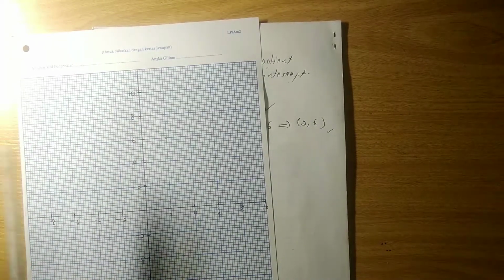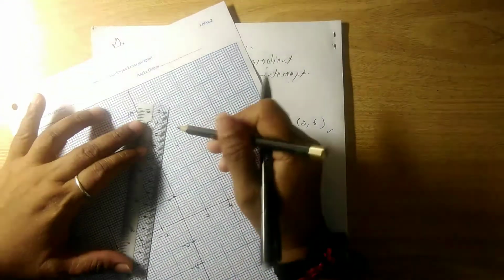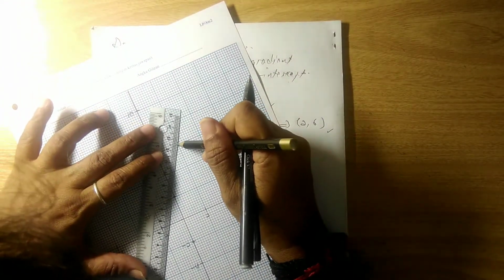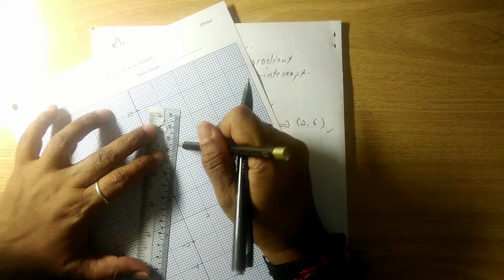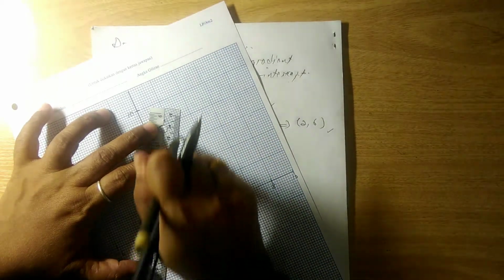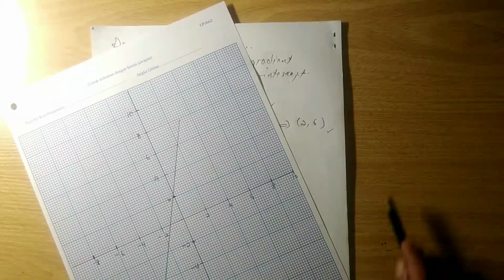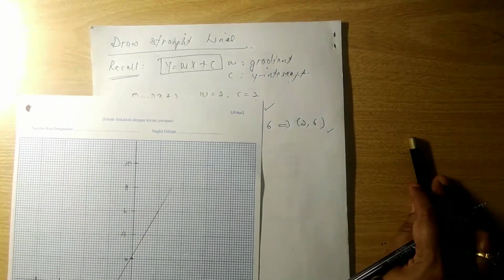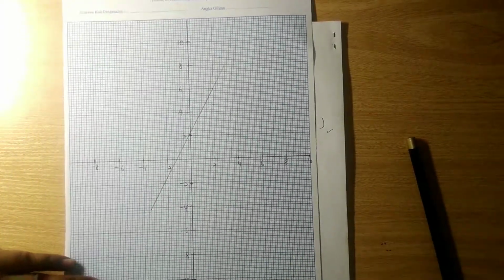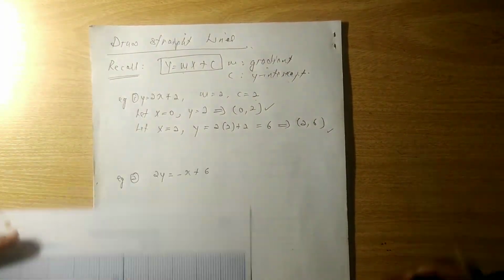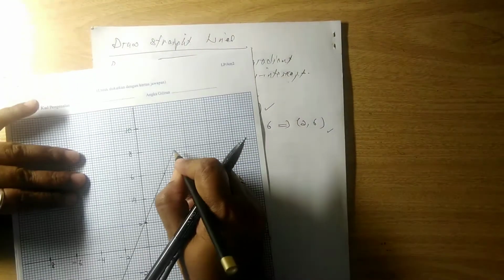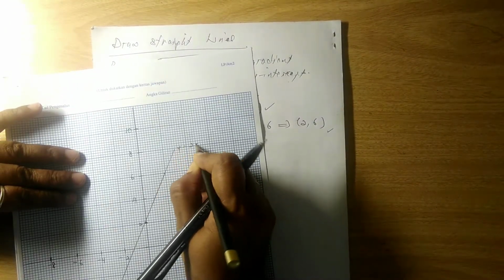If we draw, that will be the line of y equals to 2x plus 2.